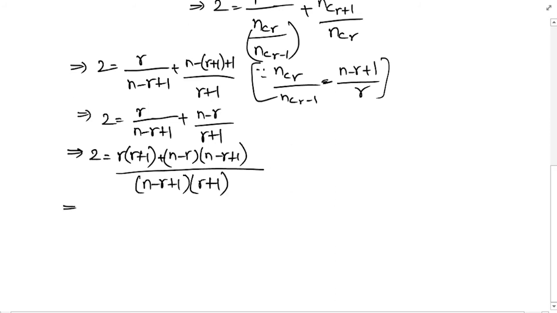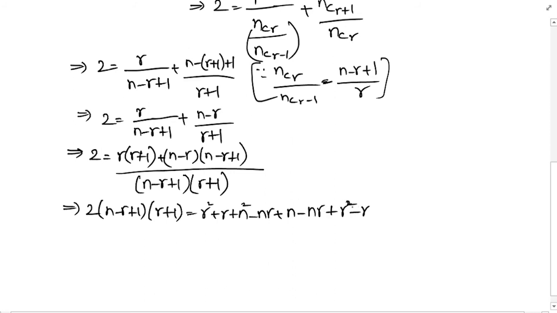So 2 into n minus r plus 1 into r plus 1 is equal to r square plus r plus n square minus nr plus n minus nr plus r square minus r.